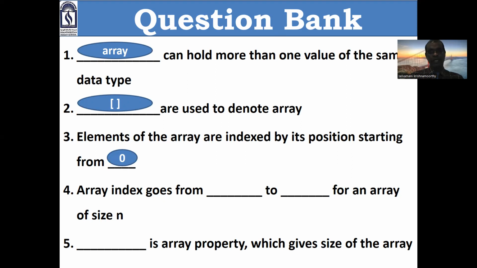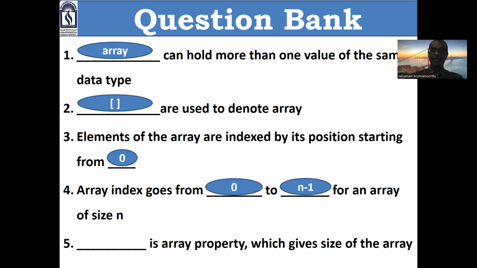Fourth one. Array index goes from dash to dash for an array of size n. Good. Array index goes from 0 to n minus 1 for an array of size n.